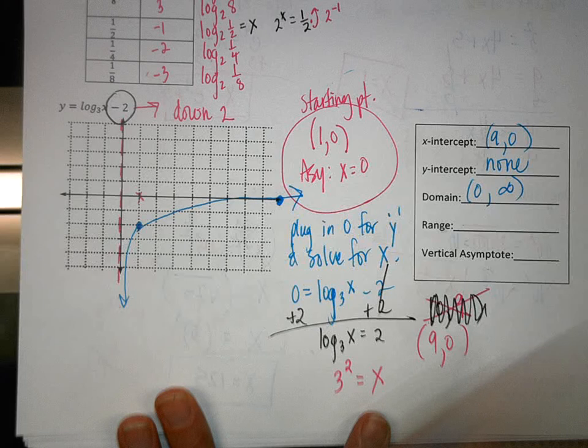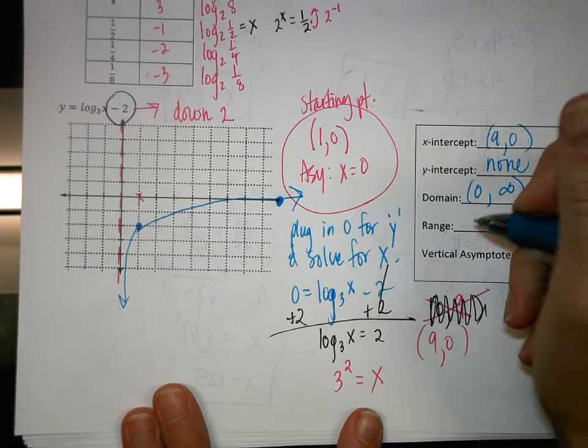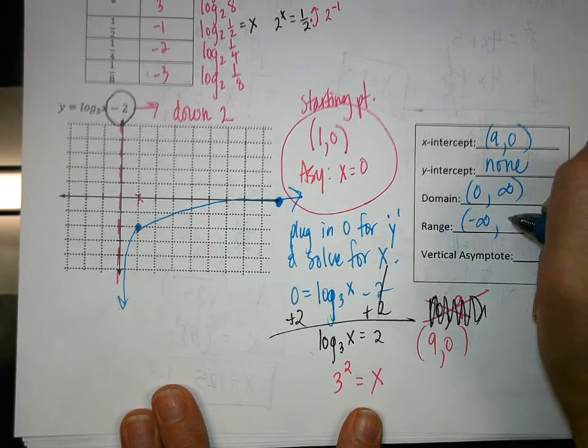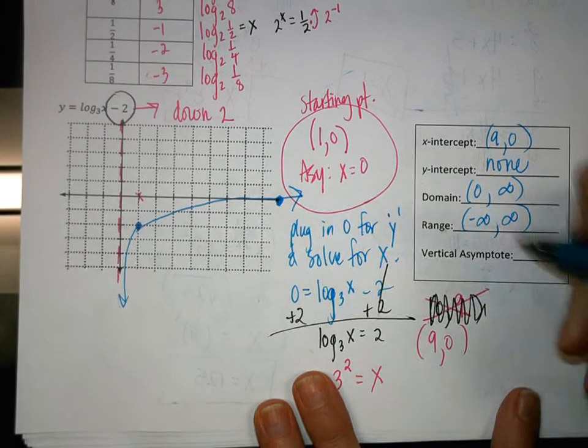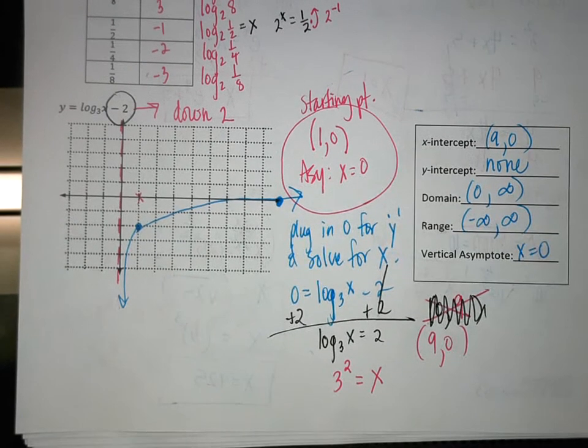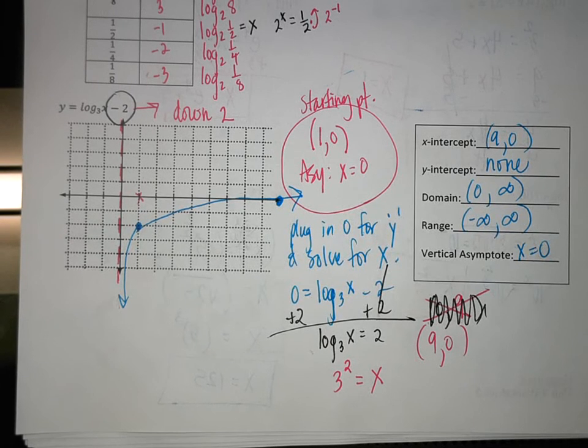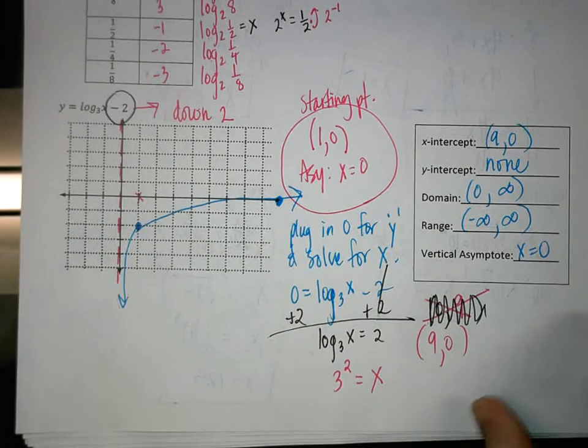My range, well done, negative infinity to positive infinity. And my vertical asymptote is at, well done, x equals 0. So basically nothing changed except for the x-intercept? Very good. But it depends on your shifting, okay? So we're going to do a couple more examples so we can see what other problems look like.